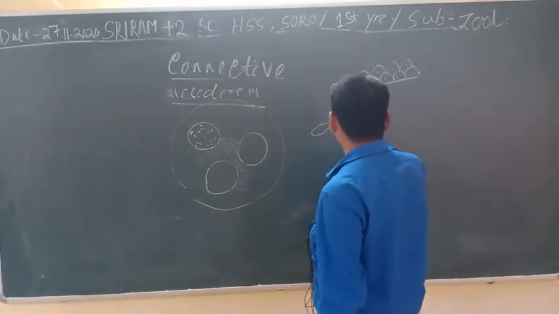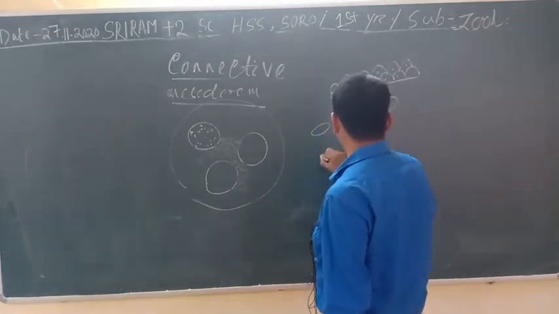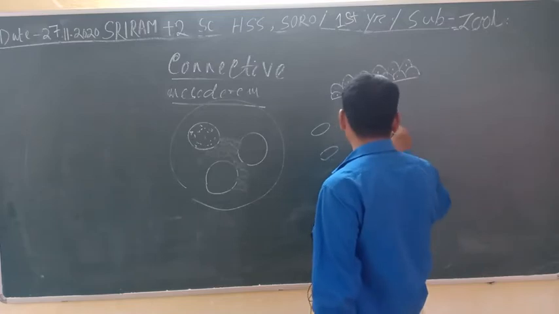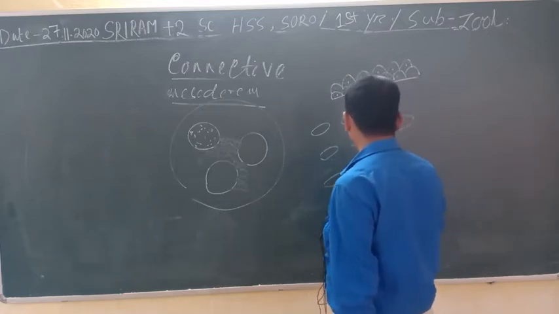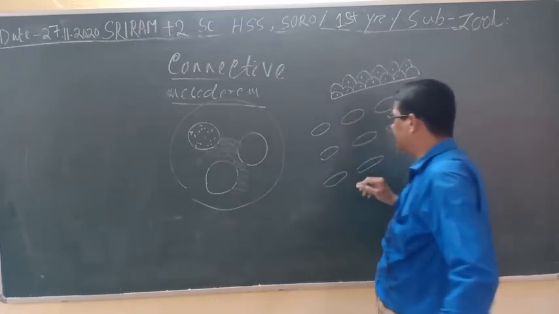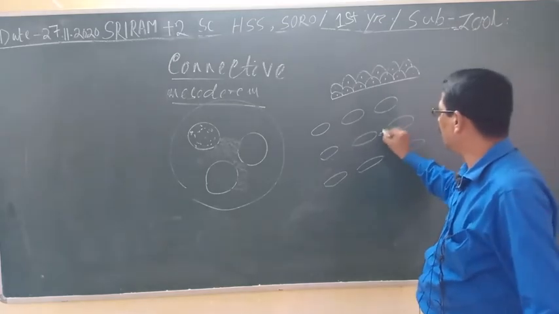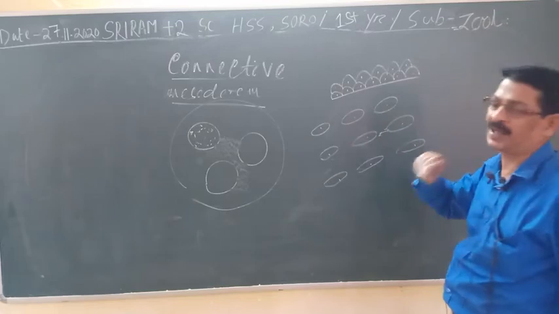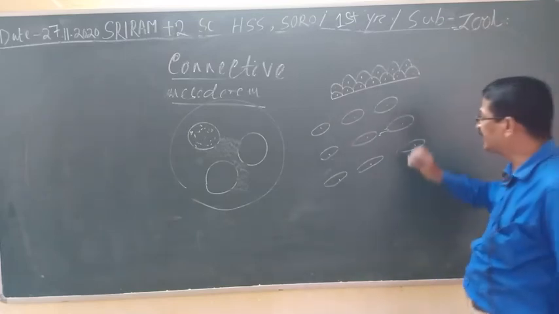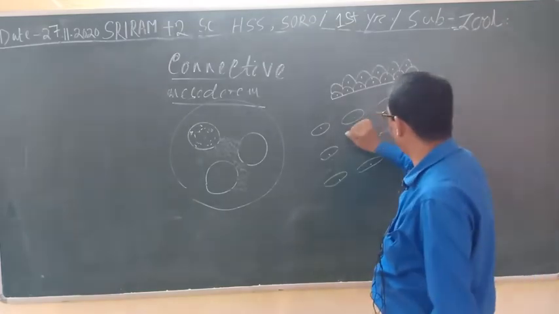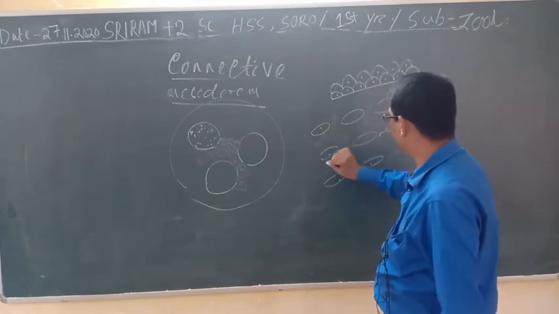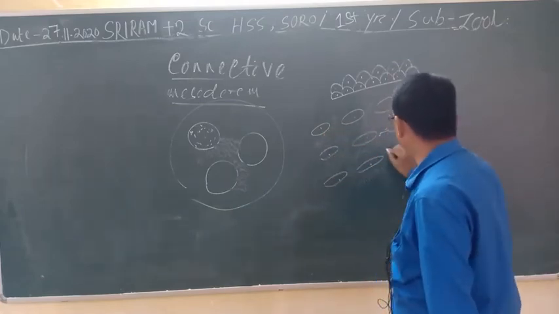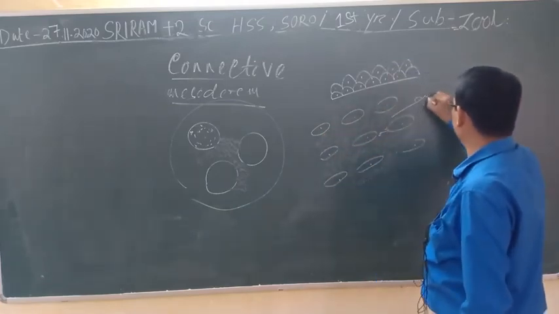But here, what are the characteristics? Here the cells of the connective tissue are present separately, with a wide gap among the cells, a wide intercellular space, and that intercellular space is filled with intercellular fluid or matrix.